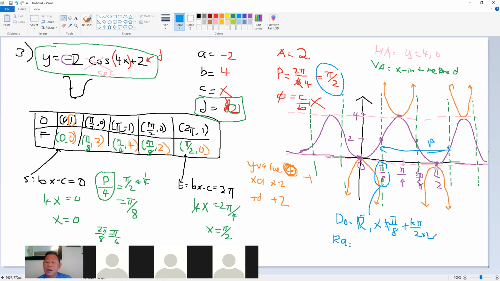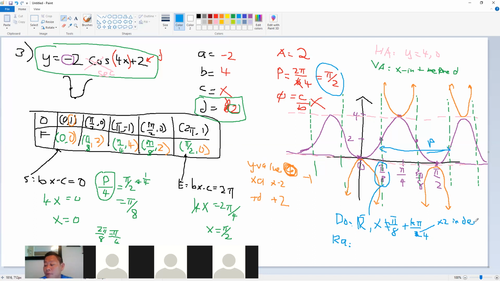In order to find the domain, you do the same thing as in tangent and cotangent, and then you always take the denominator times 2. So your domain in this case is all real numbers, x cannot be pi over 8 plus k pi over 4. Make sure this is always times 2 in your denominator.